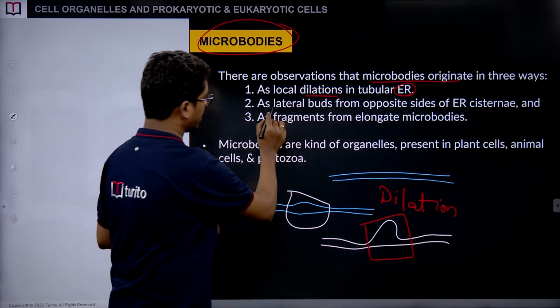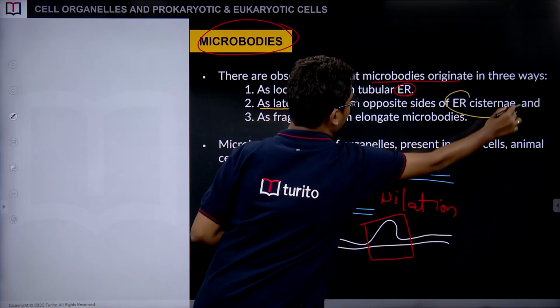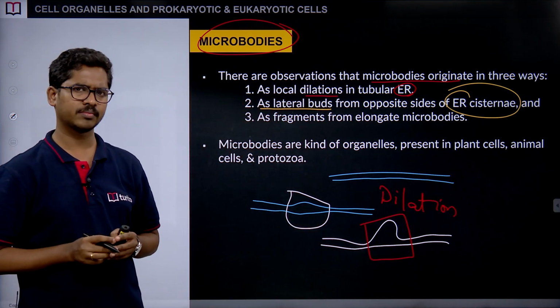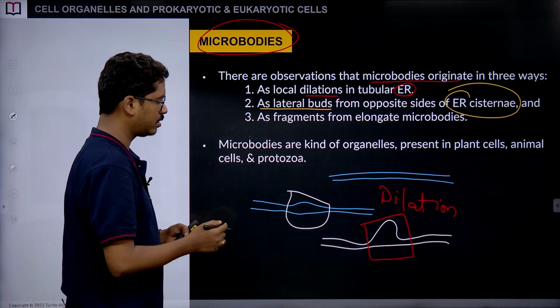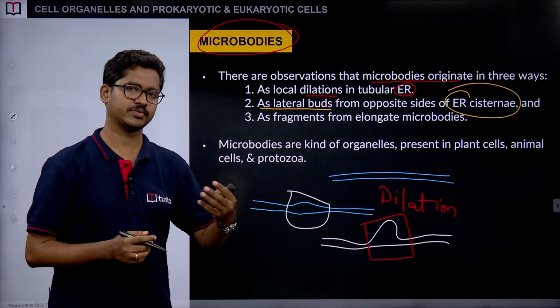Secondly, as lateral buds from opposite sides of ER cisternae. Now, ER cisternae means, if you remember the ER, it was having a specific structure, two types of structures.